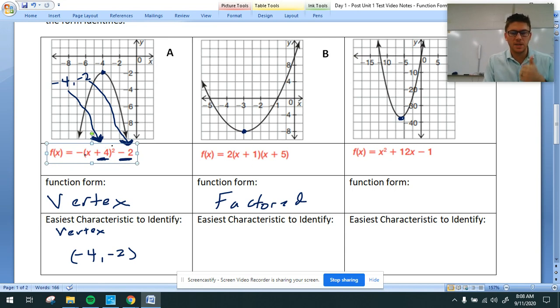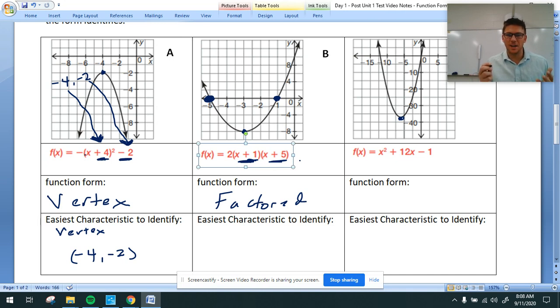We already did vertex. We were talking about x-intercepts and y-intercepts. Well, this y-intercept is all the way up at 9. It doesn't look like I'm seeing anything here, but look what's happening here. Look at this x-intercept. There's an x-intercept at -1 and -5. Look at our equation.